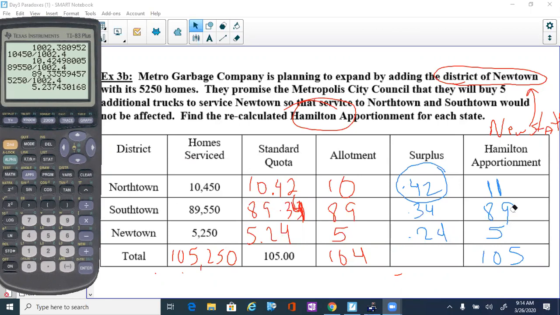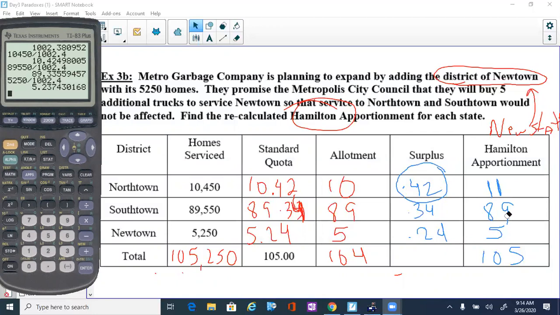Their workforce decreases by 1 truck, while Northtown increases by 1 truck. That's a big event, because the last thing we want is for Southtown or anybody to expect a certain amount of services or power within their community, and the government maybe even, and then all of a sudden we take that away just based off of our apportionment method.